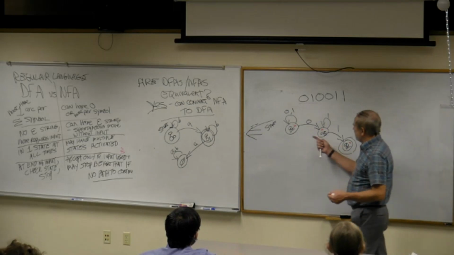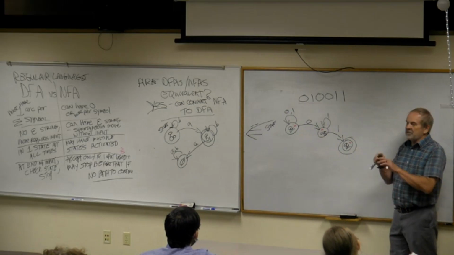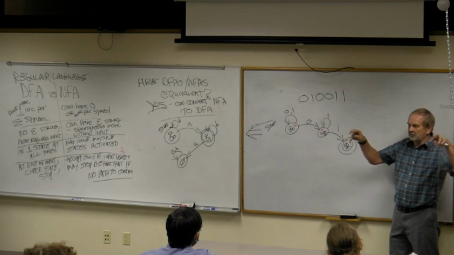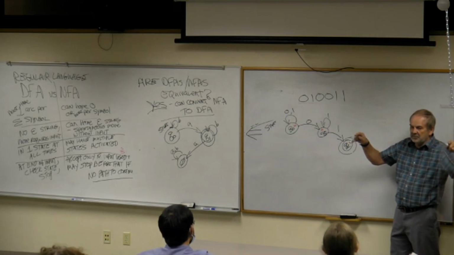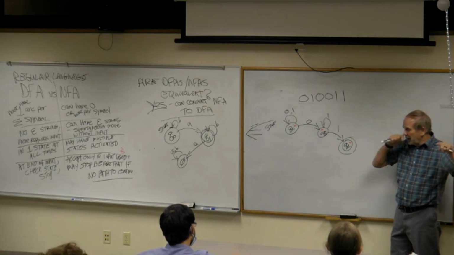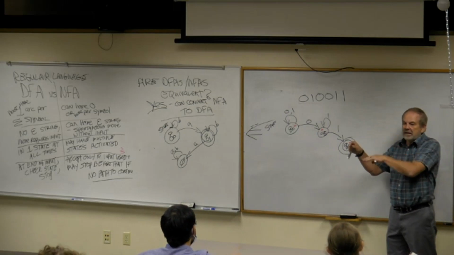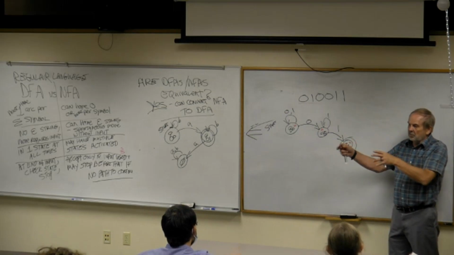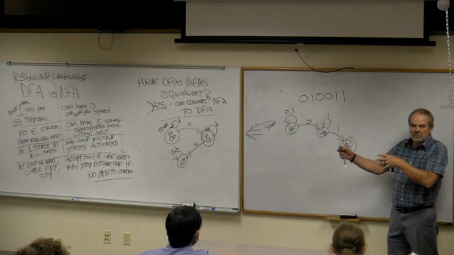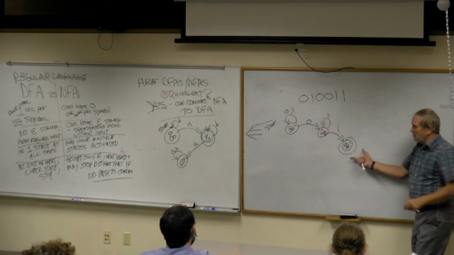When it gets to something where it can't move on this symbol, then that whole path dies off, and it only has the other successful-so-far paths that could function. Okay, so does everybody see why these 3 states would be active on just seeing the 0 and the 1? It's like trying every possible transition from where it is right now to where it could go.